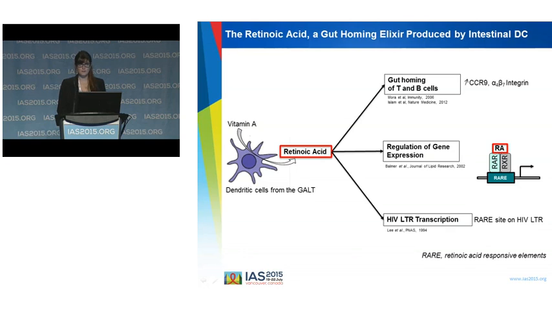In fact, retinoic acid binds to its receptor and regulates the expression of numerous genes after interaction with the retinoic acid responsive element site. Of note, such elements are present in the HIV LTR, and so retinoic acid may directly regulate HIV transcription.